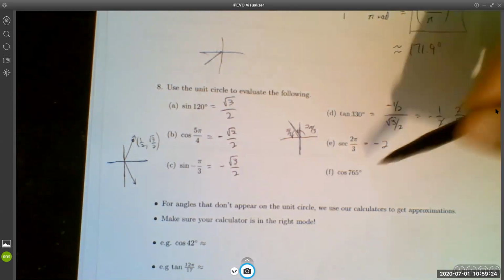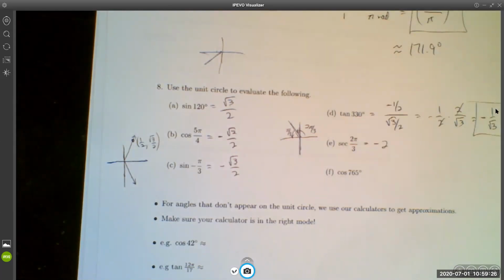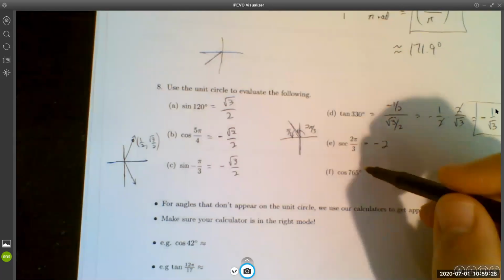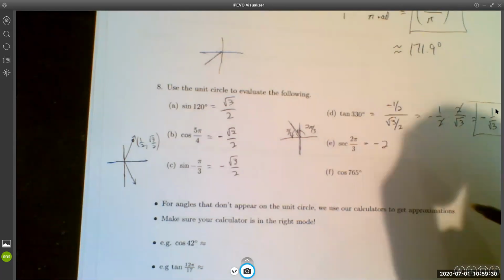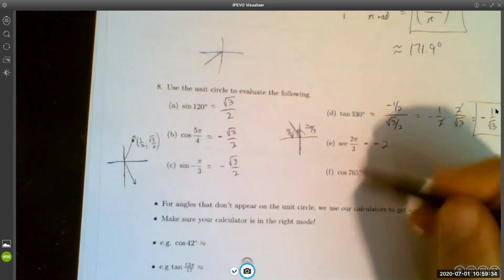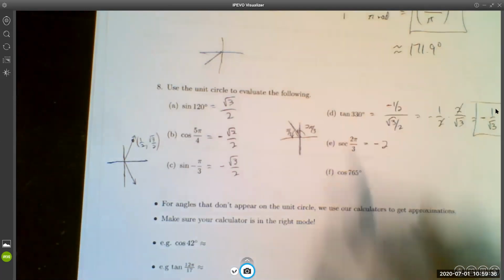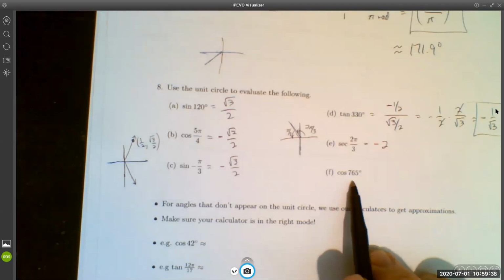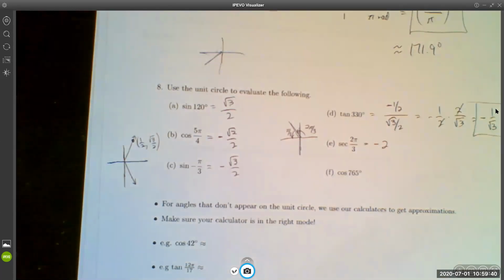Now let's think about cosine of 765 degrees. Now this thing is more than 360 degrees. So the way that we figure what this is, we just subtract 360 degrees from this number until we get some angle that's less than 360. So I'm going to do 765 minus 360.